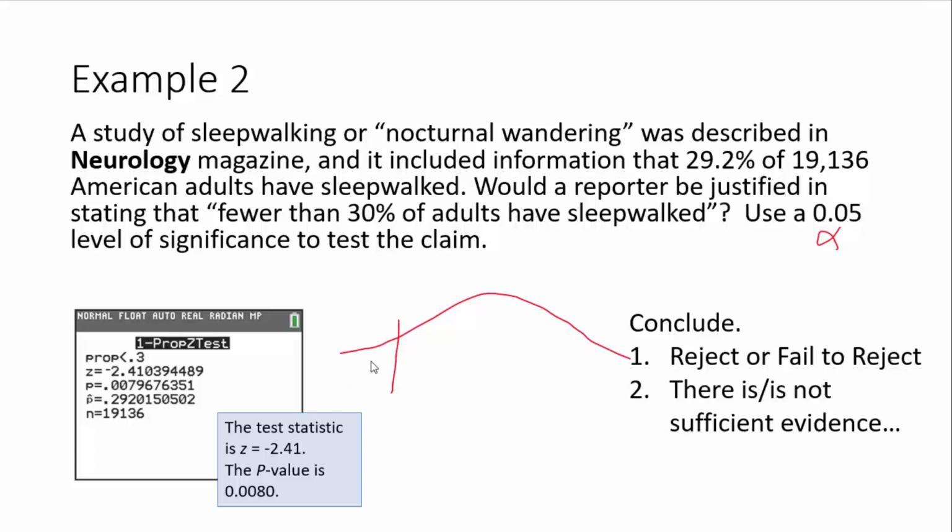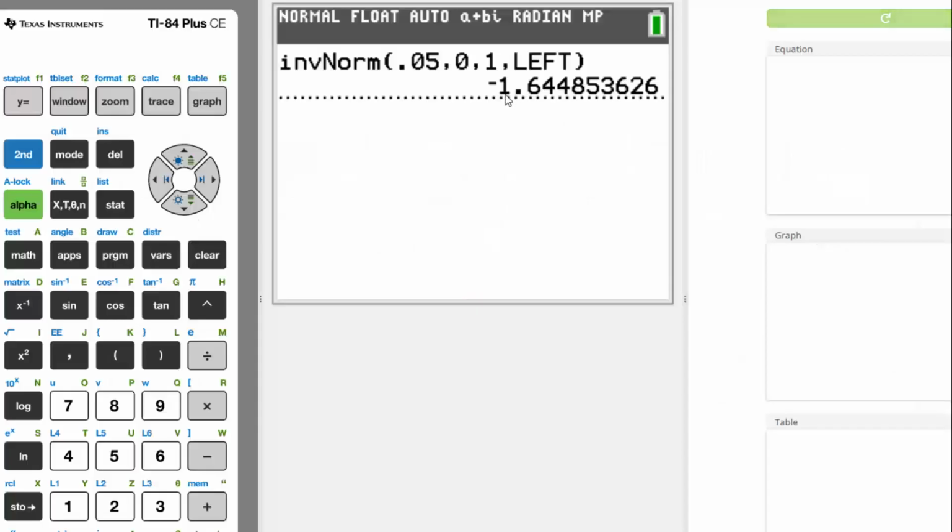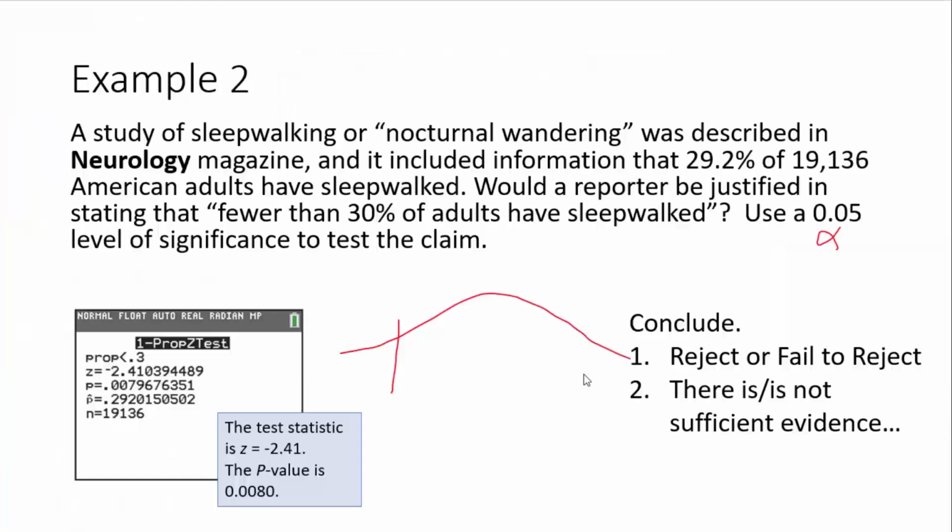So this area to the left is going to be 0.05. Okay, so my critical value is 1.64. Now you might think, why did she do it again? We already knew it was 1.64, and this one's on the left, so it's negative. Well, this is true, but in case you run across a different value. So this critical value here is negative 1.64.